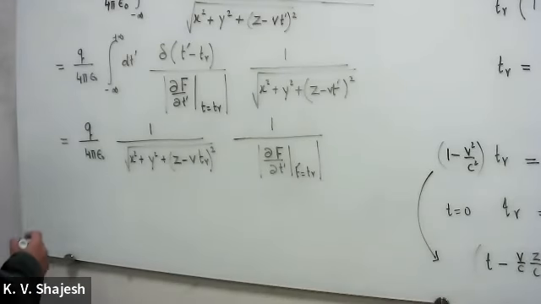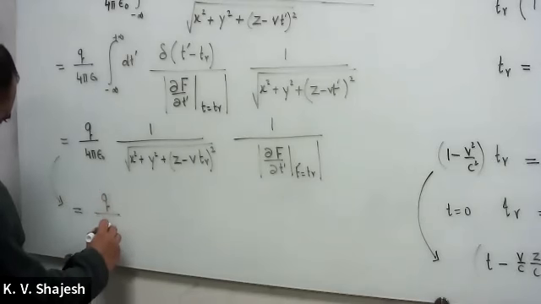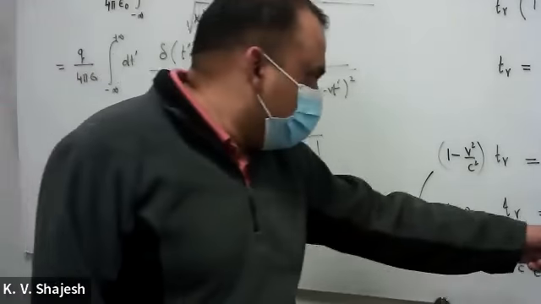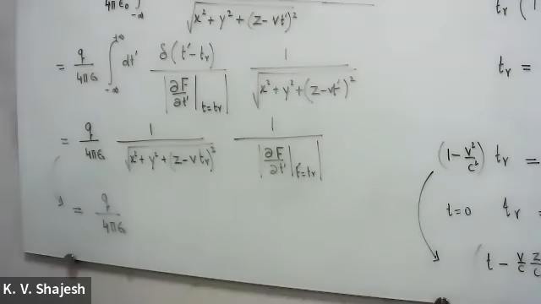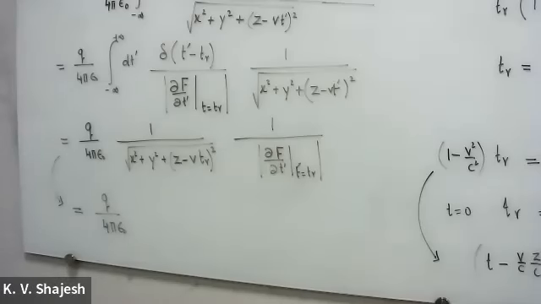This is equal to then. So after jumping on steps, this is over 4 pi epsilon naught times there's already a 1 over c. Is an extra 1 over c? 1 over c squared, maybe?